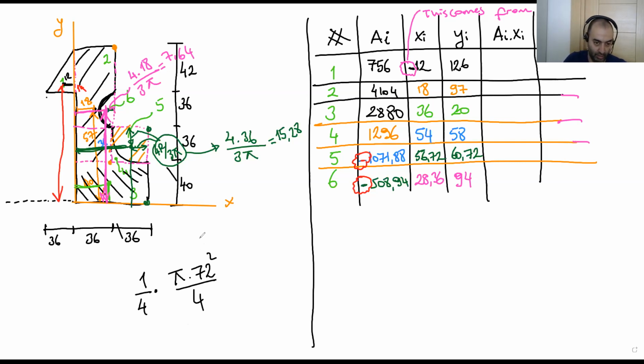Yes. Let's do the calculation. Pi times 22 square over 16, right? 1017. Actually, my calculation looks right.